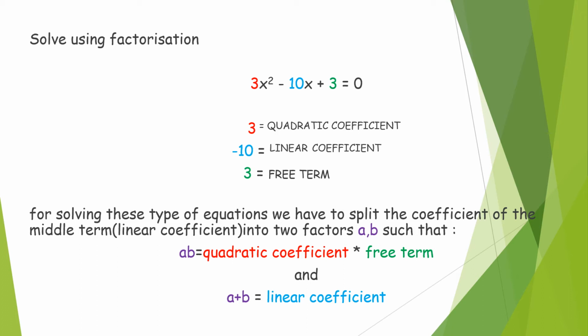According to this method, we have to split the coefficient of the linear term into two parts such that when added together they give the linear coefficient and when multiplied they give the product which we obtain by multiplying the quadratic coefficient with the free term.